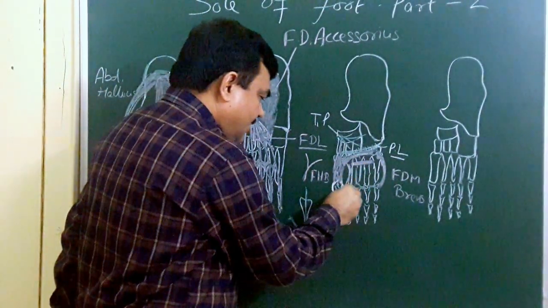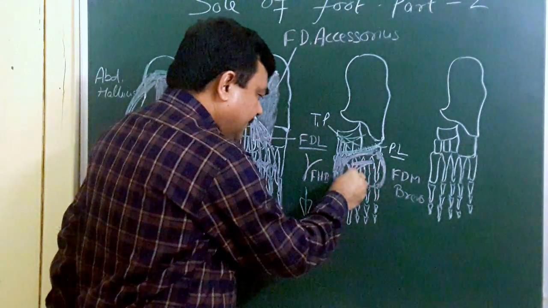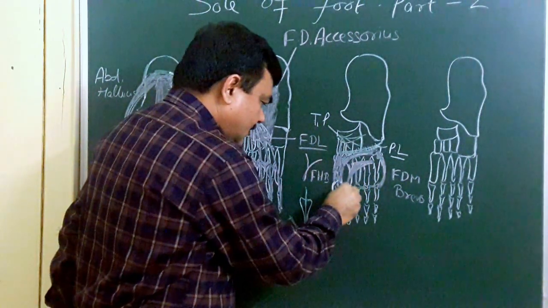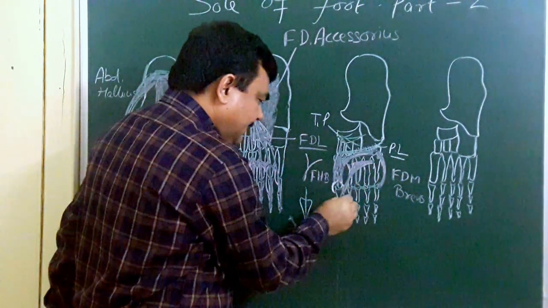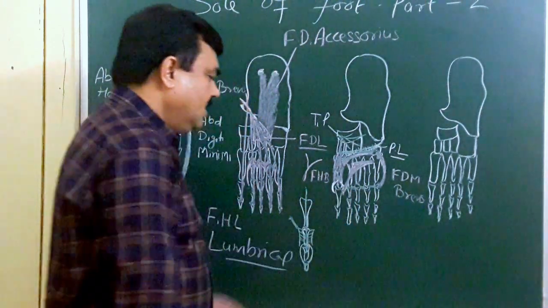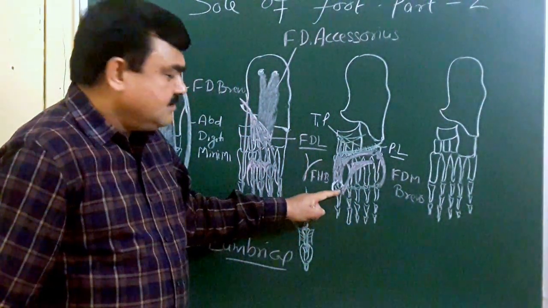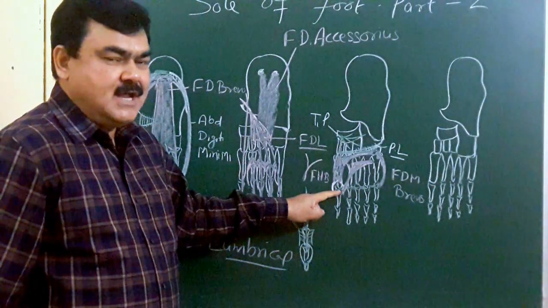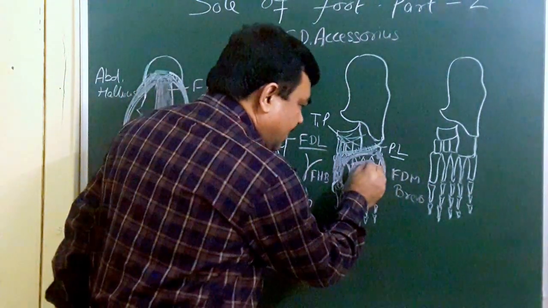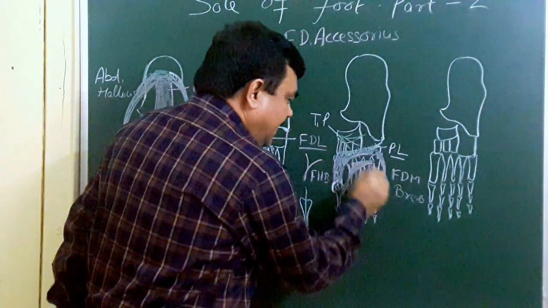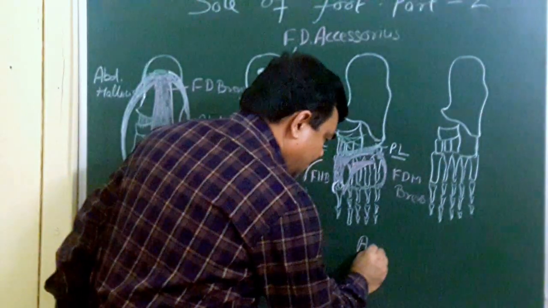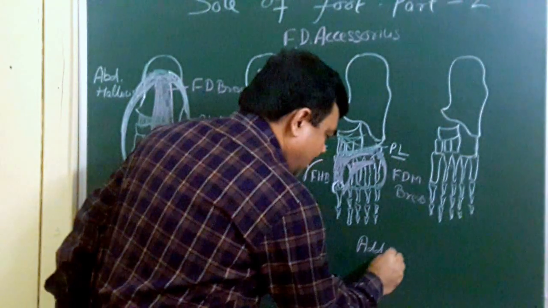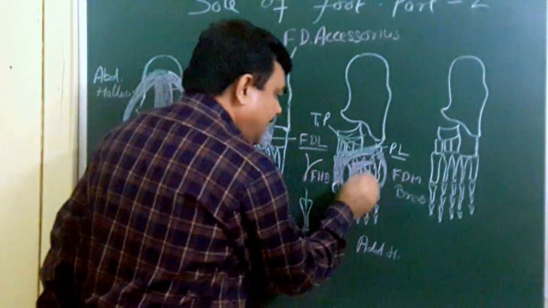It is inserted on the lateral side of the base of the proximal phalanx of the big toe. This is adductor hallucis. This is the oblique head.